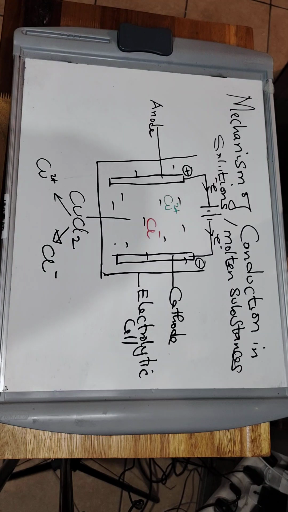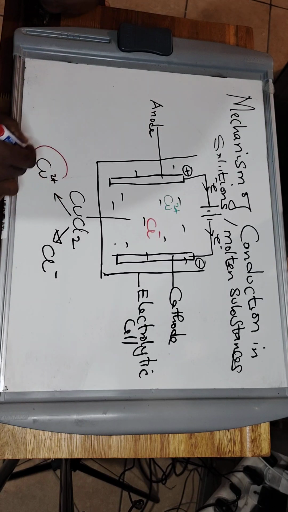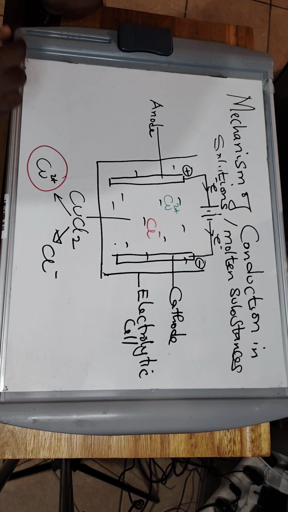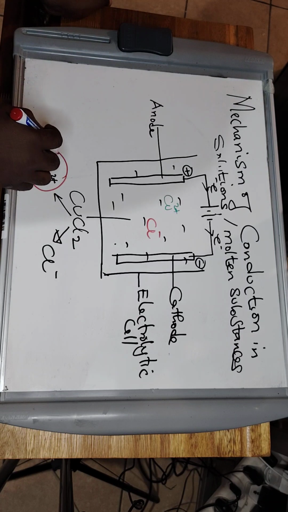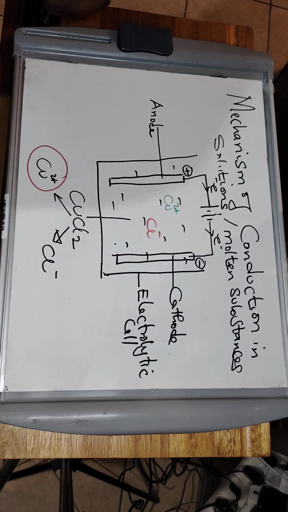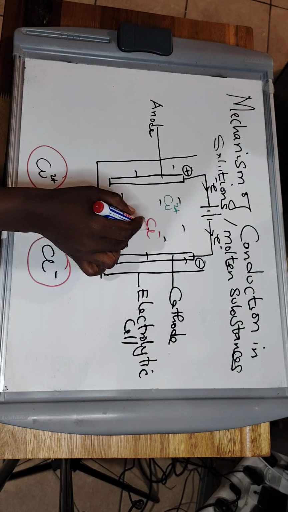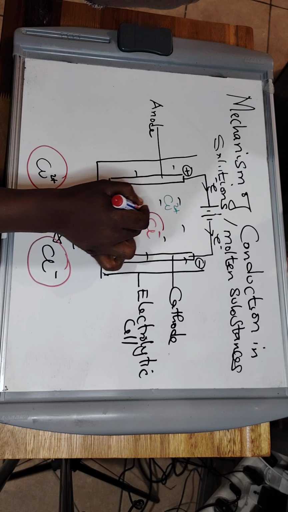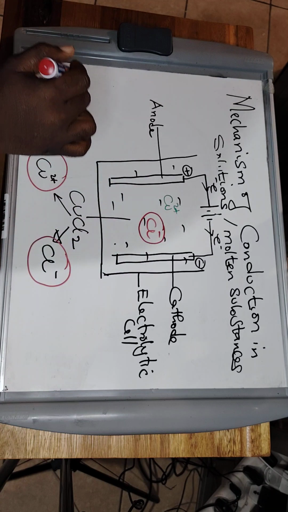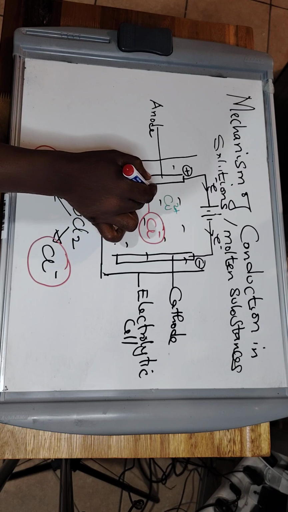So if you have your copper ions here, which are positive, they travel towards the negative side. And the chloride ions are negative, so they travel to the positive terminal.